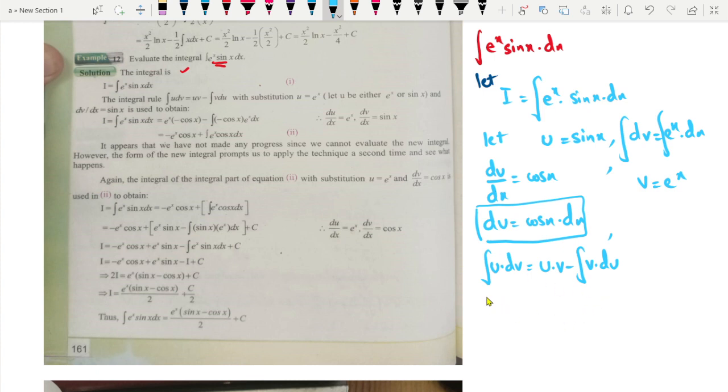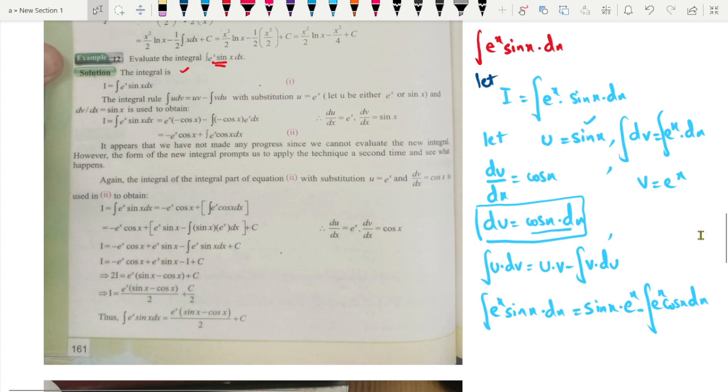Simply putting the values, the integral of e to the x sine of x dx is equal to, our u is sine of x, our v is e to the x, minus the integral of v, which is e to the x, and our du is cos of x dx. Now we will solve this.